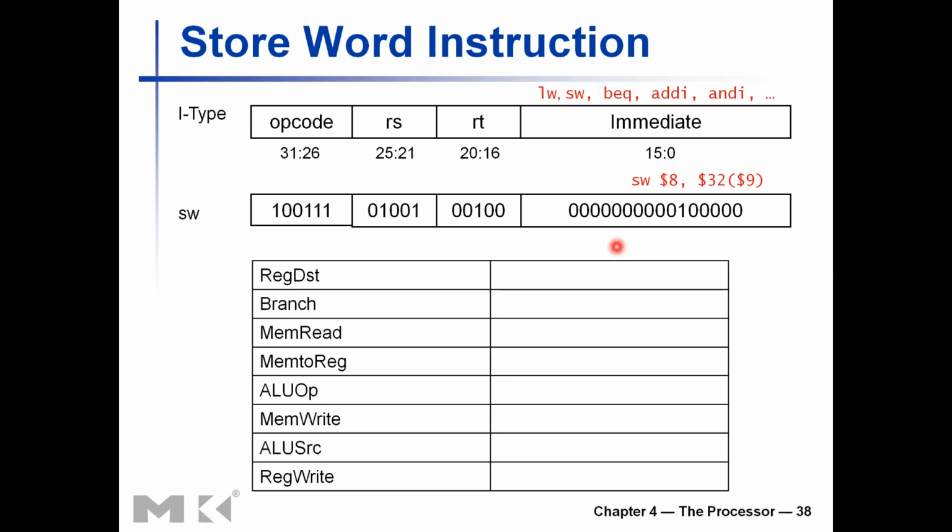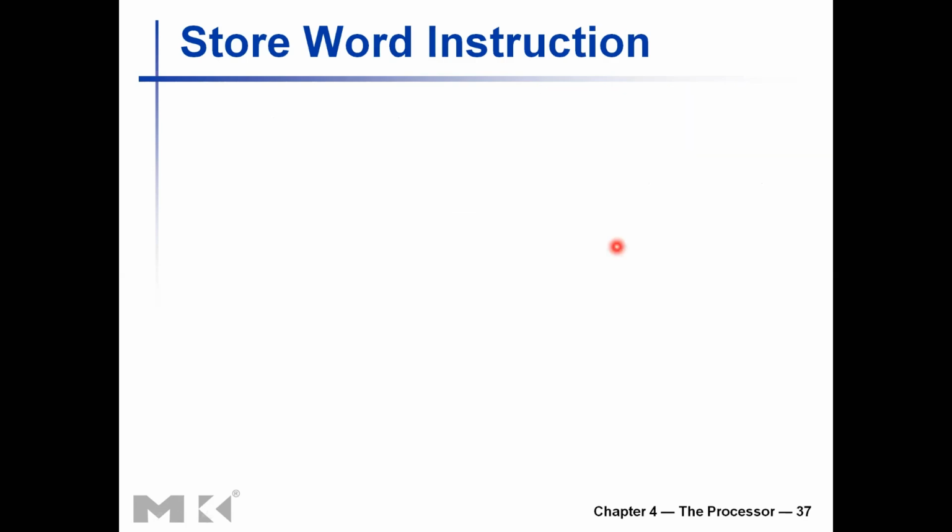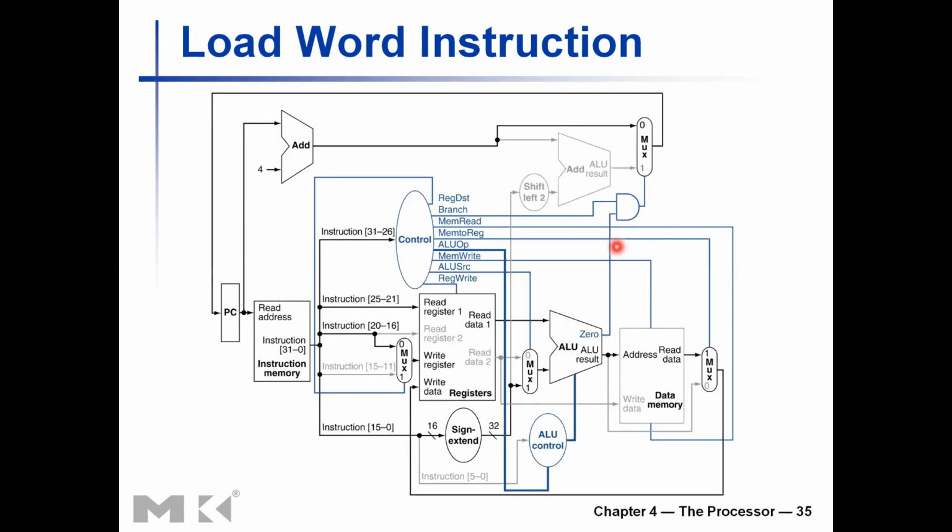So in essence, we are not writing to the register file. We are reading something from the register file and writing that to the memory. So in that light, what should be this control signal's value?